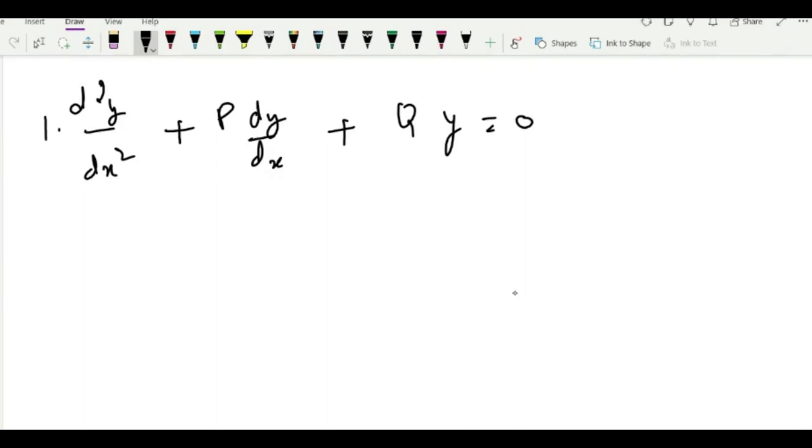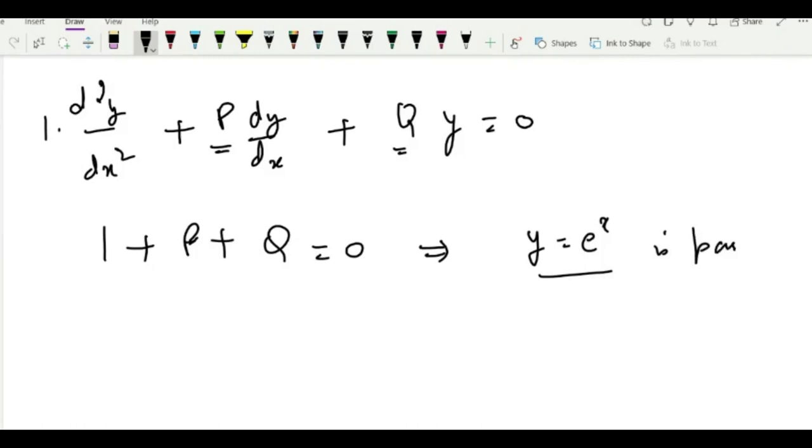In this equation, you can check the value of p and the value of q. If your equation satisfies 1 plus p plus q is equal to 0, then we can say y is equal to e^x is part of the CF. You can check this is the solution. e^x is a solution if 1 plus p plus q is equal to 0. One of the solutions is e raised to power x. This is part of the CF.